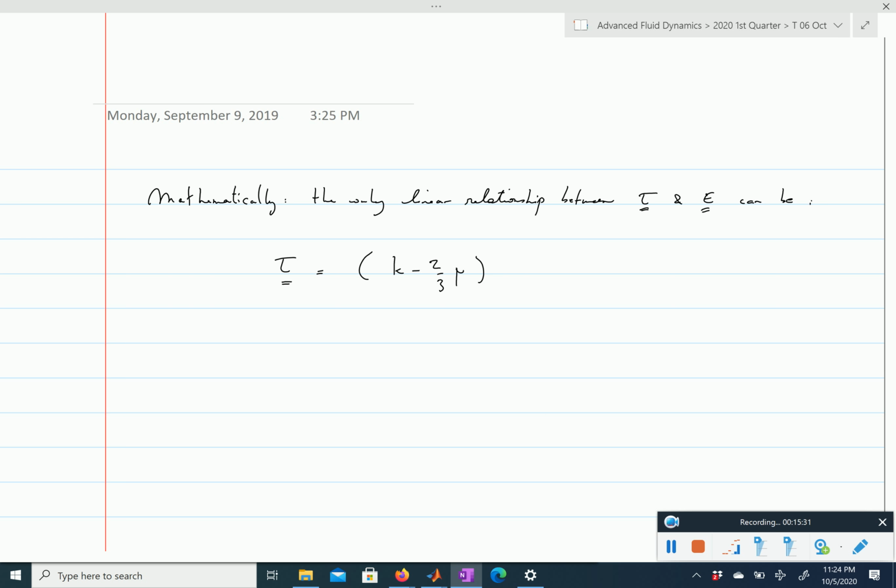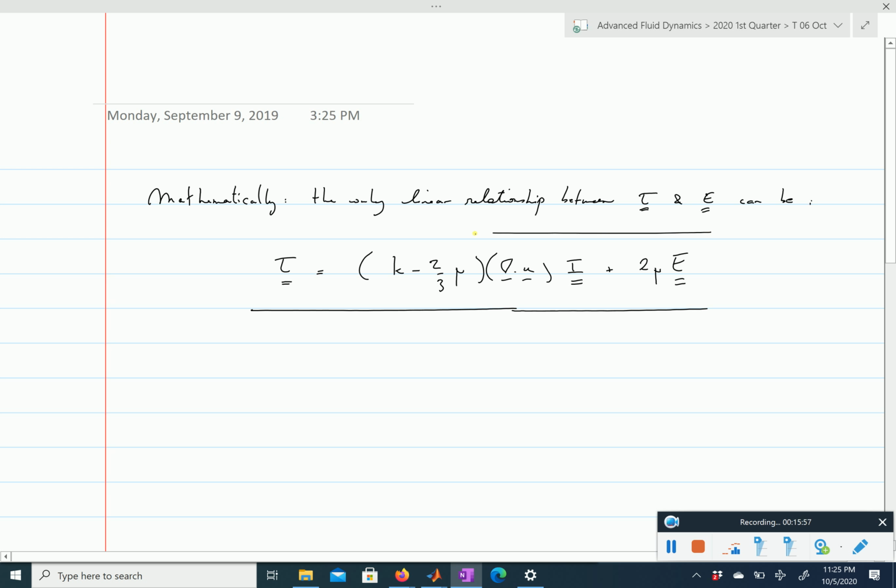So K minus 2/3 of mu times the divergence of U. This is a scalar, so this here is still a scalar times the identity matrix plus 2 mu times the rate of strain tensor. And so this is general for a Newtonian fluid. That is the general expression for the stress tensor.